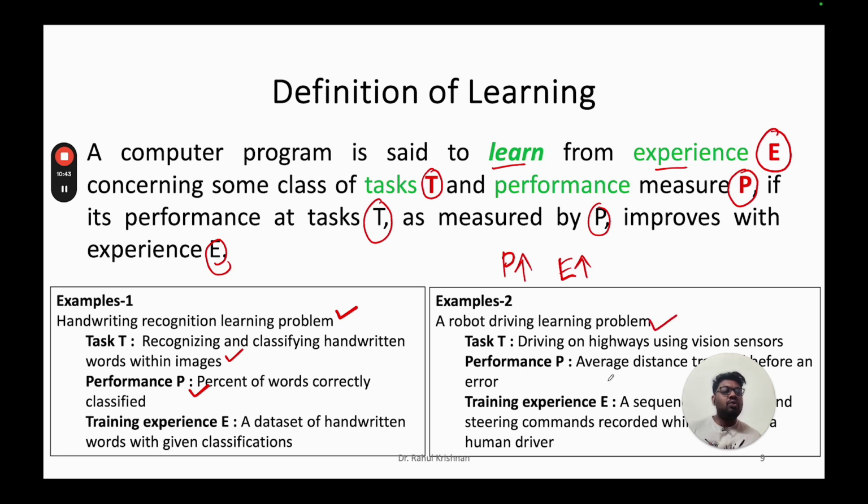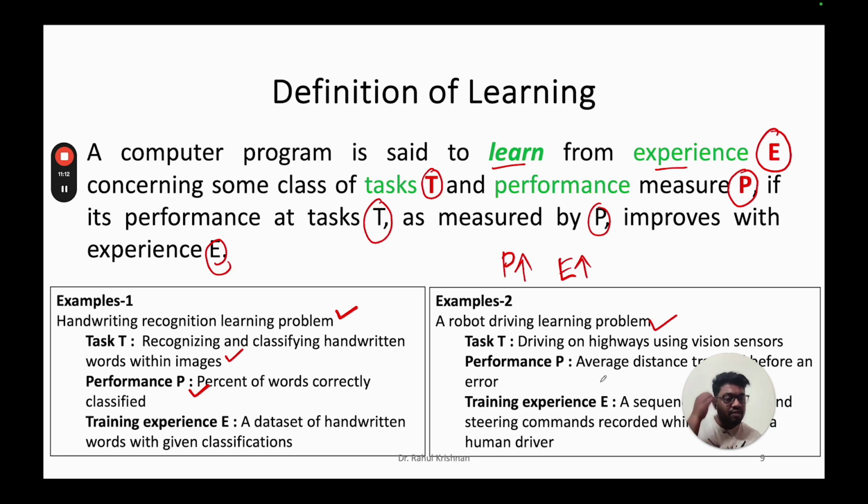a robot driving learning problem. Driving on the highway using vision sensors, that was the task. The performance is the average distance traveled before an error happens. In order to attain that performance, you have this training experience, that means a sequence of data, that is, steering commands recorded while a human is driving.